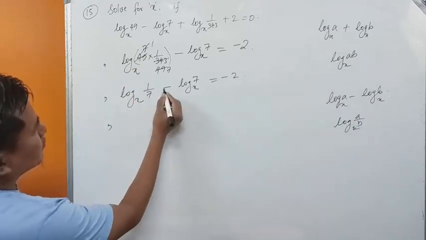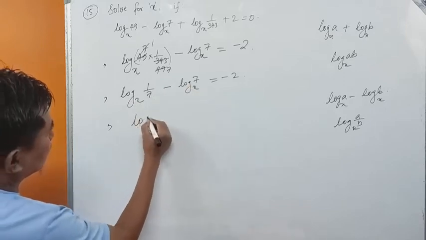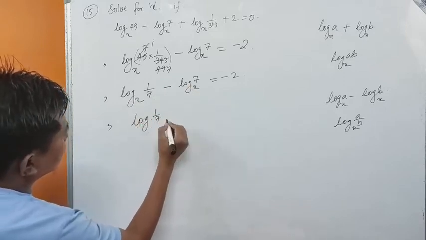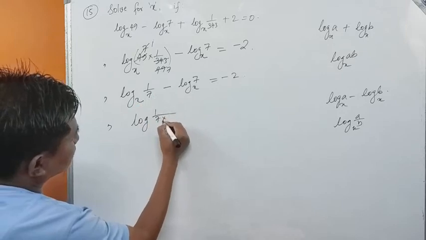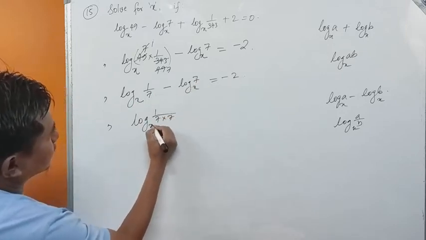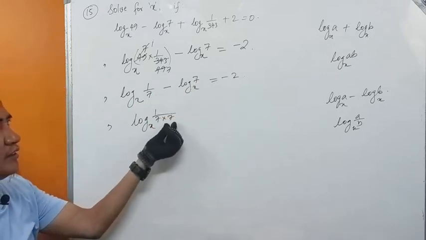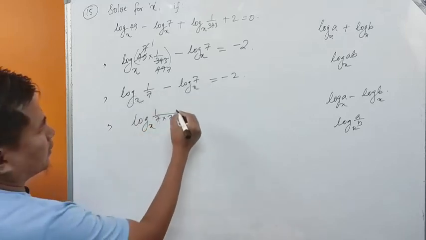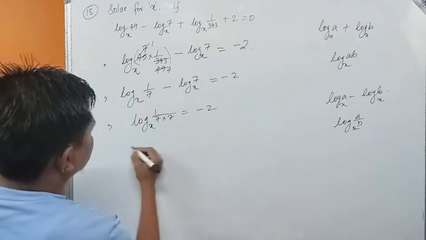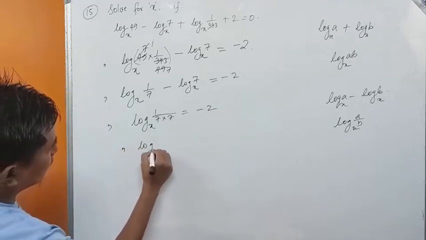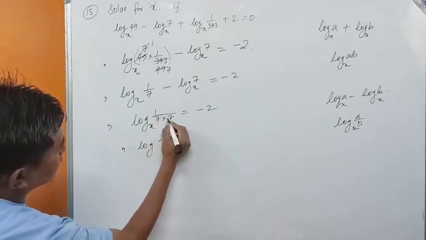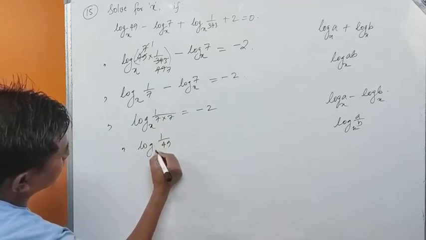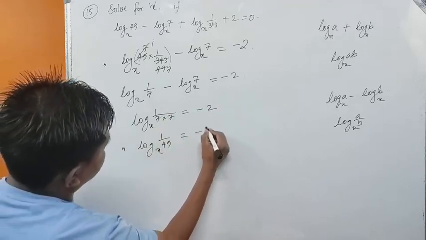So log a minus log b can be written as log 1 upon 7 upon this 7, to the base x, this 7 comes here, equals minus 2, or log 1 upon 7 7s are 49 to the base x equals minus 2.